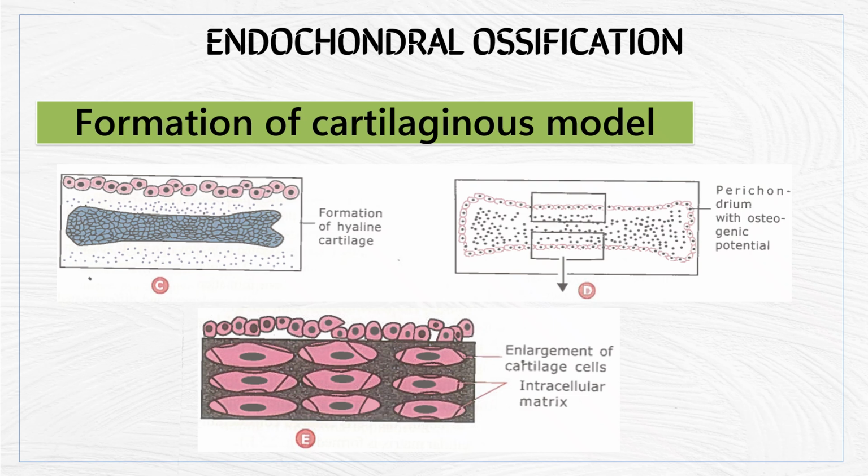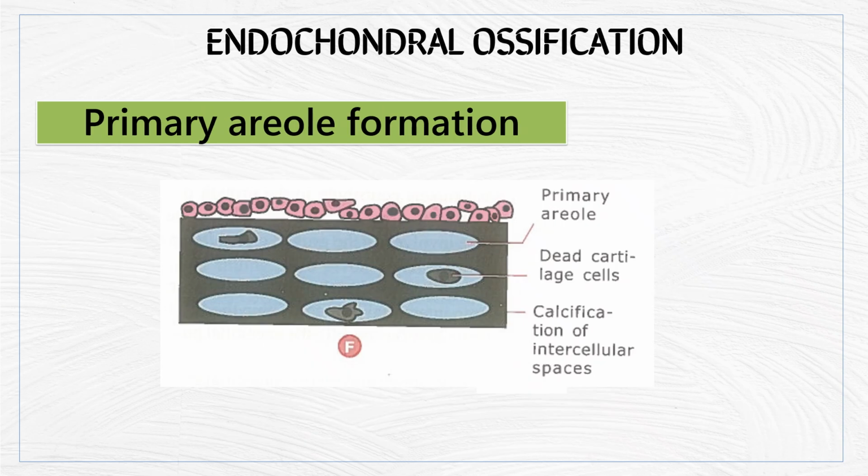Whenever the enlargement of the cartilage occurs, the intracellular substance undergoes calcification. This calcification of the intracellular matrix takes place by an important enzyme, alkaline phosphatase. This enzyme is present in blood vessels, so it surrounds the cartilaginous matrix and causes calcification of the intracellular matrix.